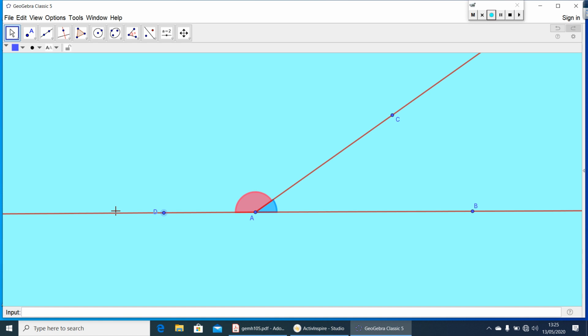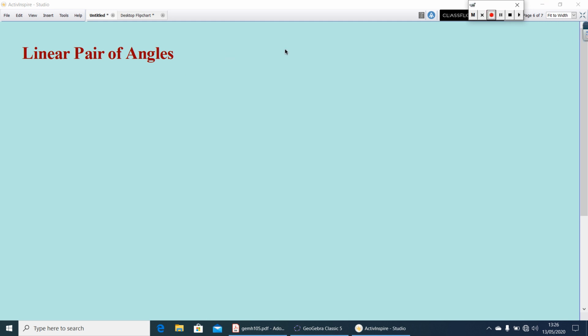These two non-common arms become opposite rays because they are on opposite sides, or these two rays become a line. Now this kind of pair of angles, we can call a linear pair of angles. Let me draw a linear pair of angles.